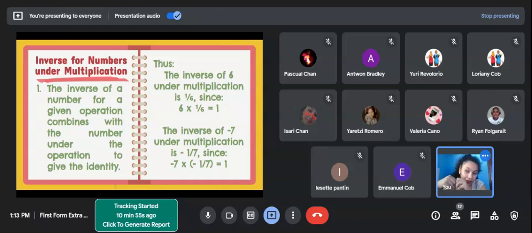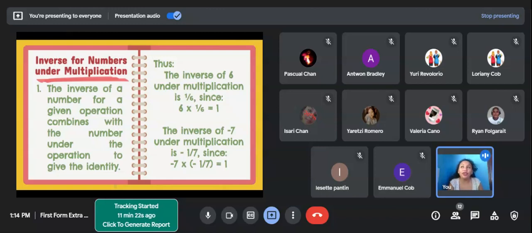That was the inverse of addition. Now, for the inverse for multiplication, I want to talk about the reciprocal. El al revés. If I give you 6, you give me 1 over 6. If I give you 5, you give me 1 over 5. If I give you 7, you give me 1 over 7.